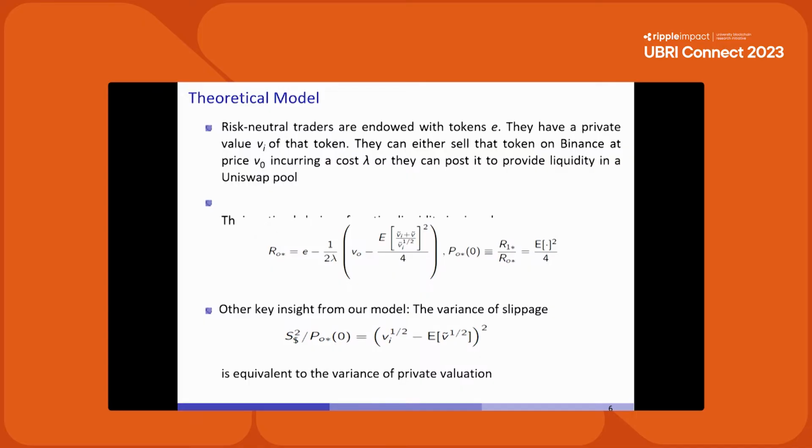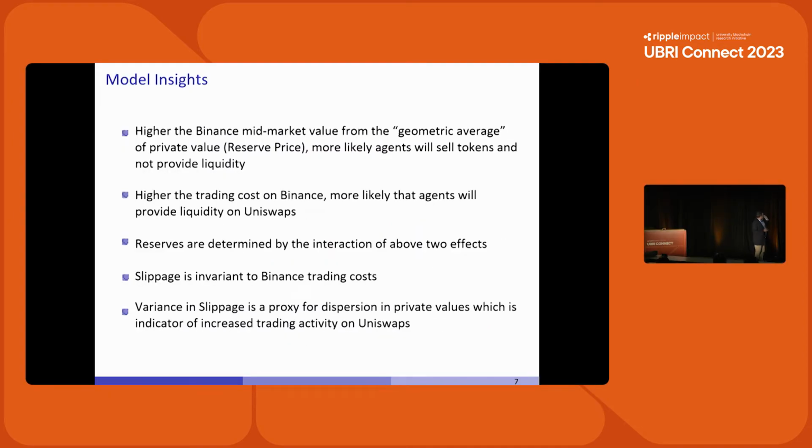So there is this interactive relationship. The higher the difference between the Binance market value, or mid-market value, and the average private value, the more likely agents will sell and not provide liquidity.